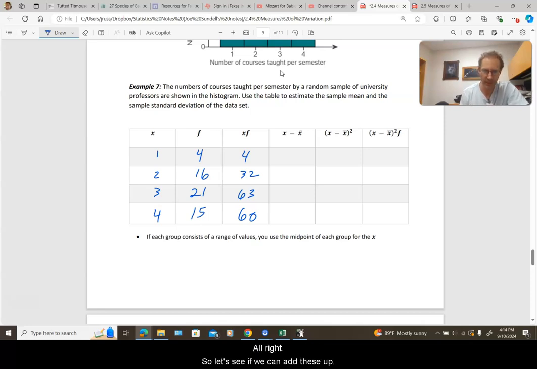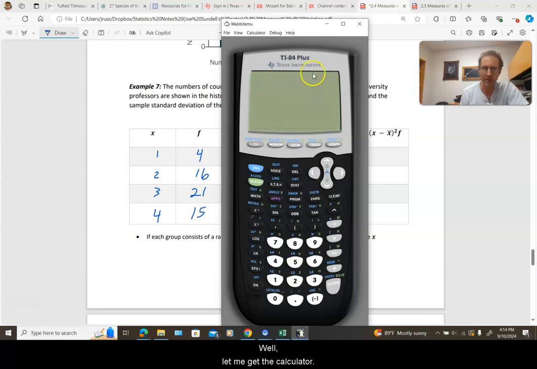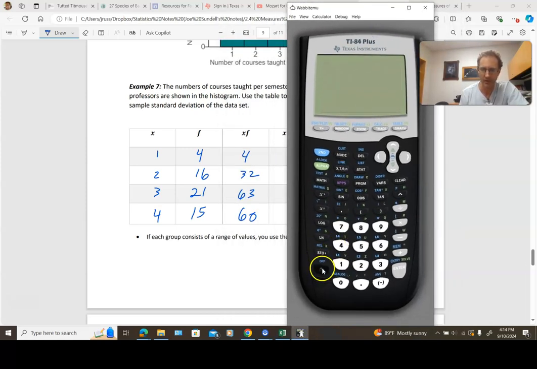All right, so let's see if we can add these up. This would be 126. Well, let me get the calculator. Okay, so 126 plus another 36. That's going to give us 162.